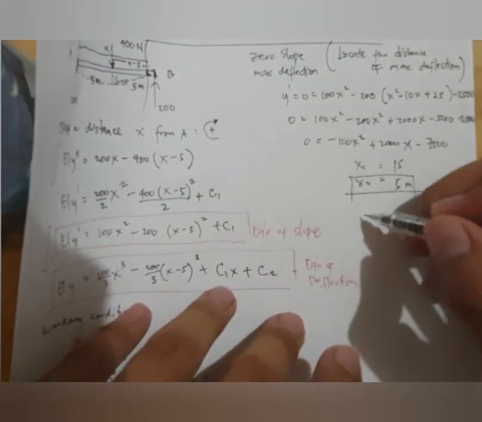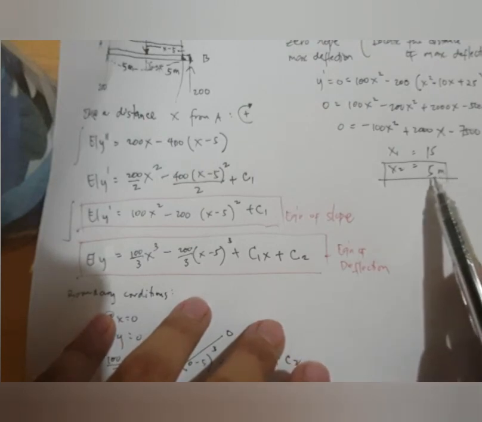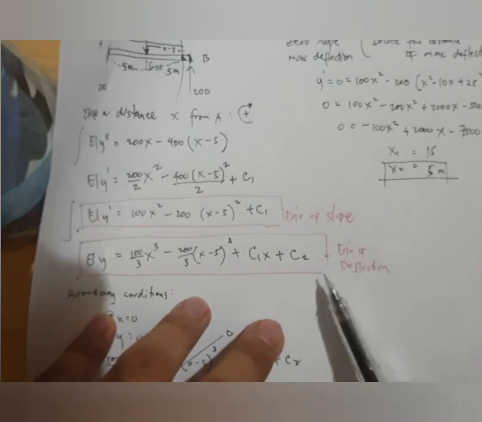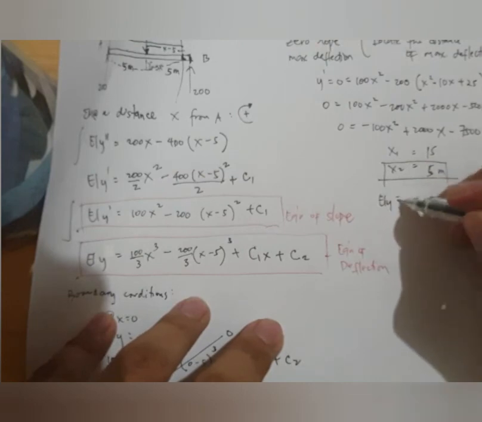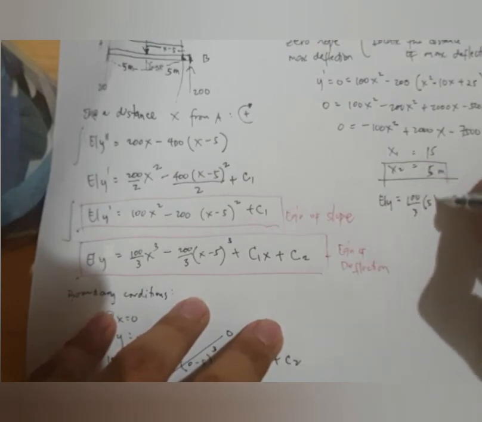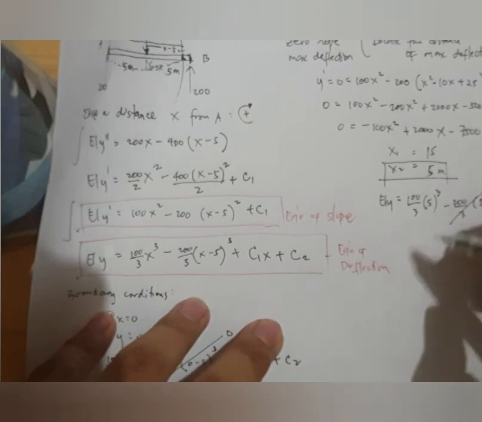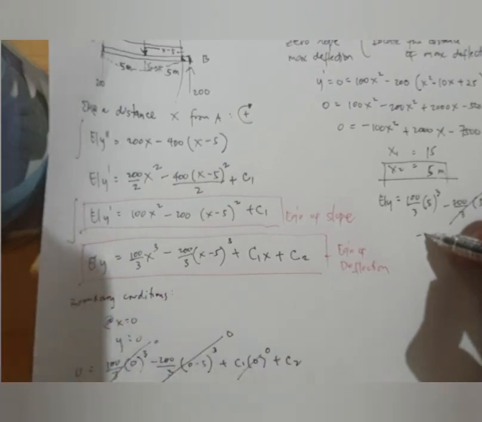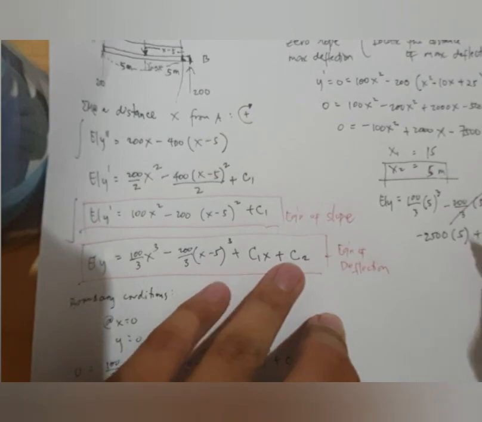Then if you are going to compute the value of the maximum deflection, you just put the value you got into the deflection equation. So EIy is equal to 100 over 3 times 5 cube minus 200 over 3 times (5 minus 5) cube, that is 0, minus 25 times 5 plus C2, which is 0.